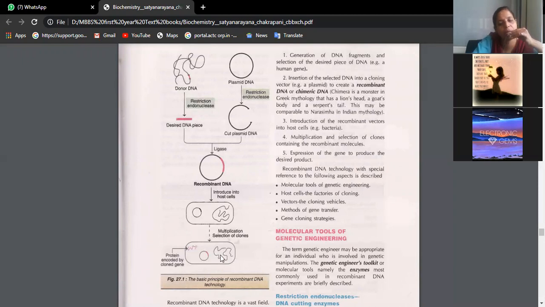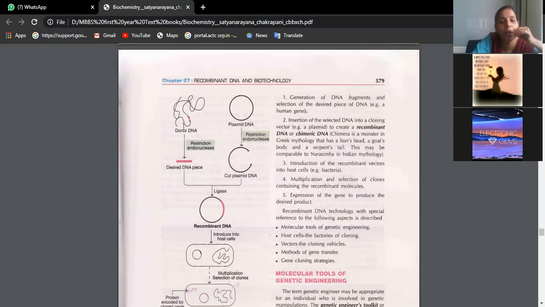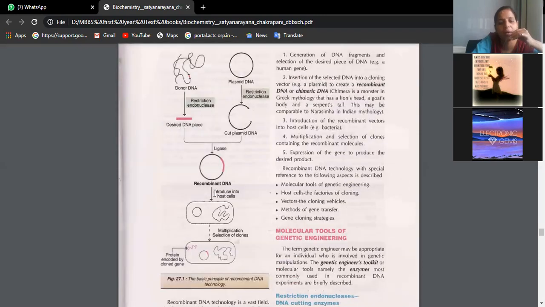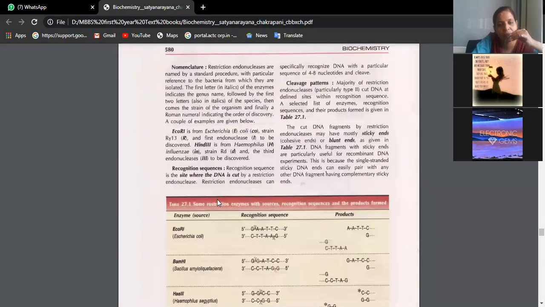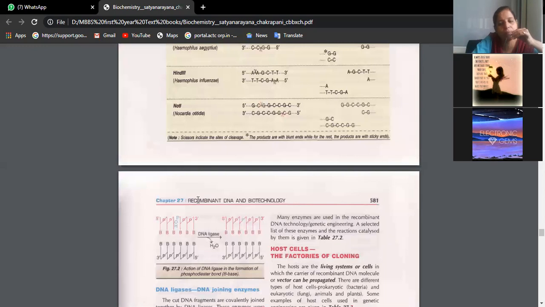Now you can separate that protein and use it as a medicine. So the protein encoded by the cloned gene is being synthesized by the enzymes available in the bacterial cytoplasm. This mechanism is called recombinant DNA technology. Generally, that is the basic concept you should know.